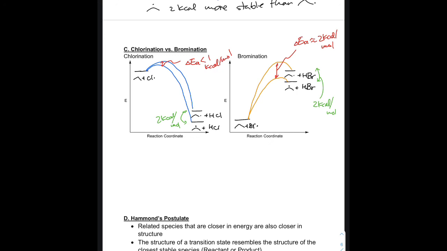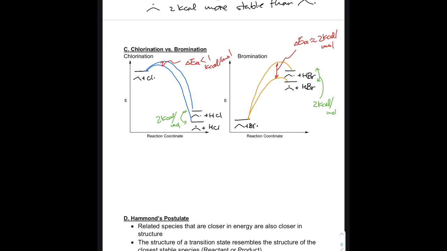What's my point? Remember Hammond's postulate, which said that if two things are closer in energy, the structures are similar too. What this is saying is that the chlorination's transition state, because it's exothermic, is similar to the reactants, as far as energy goes.